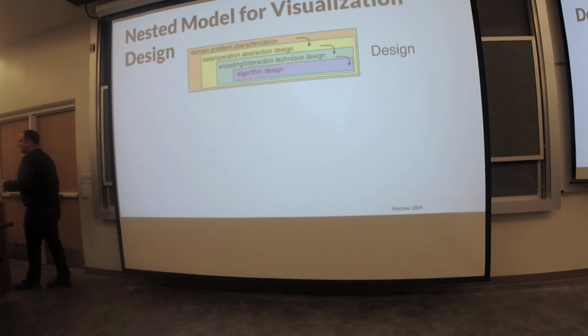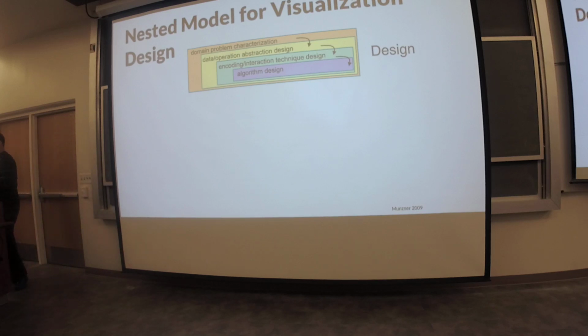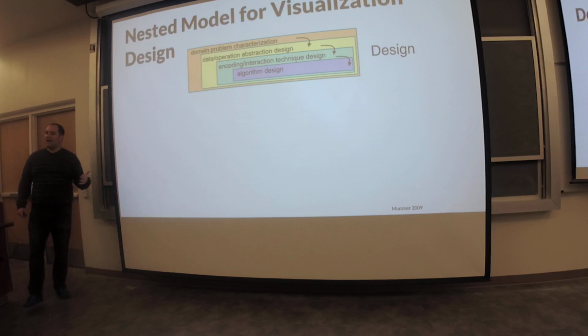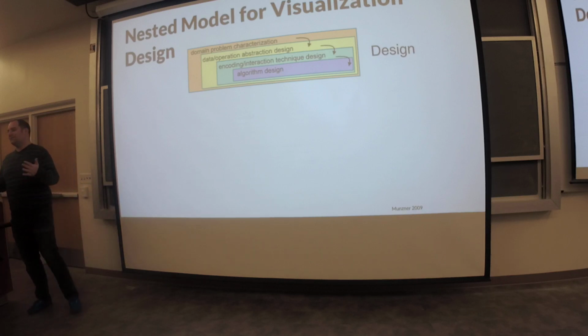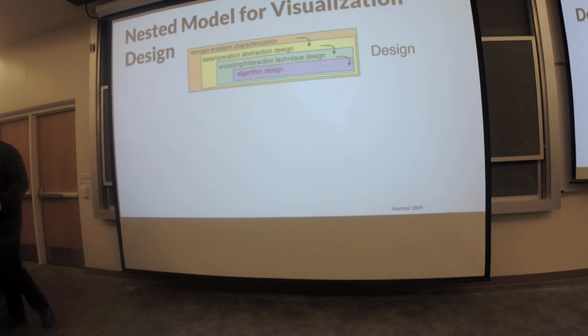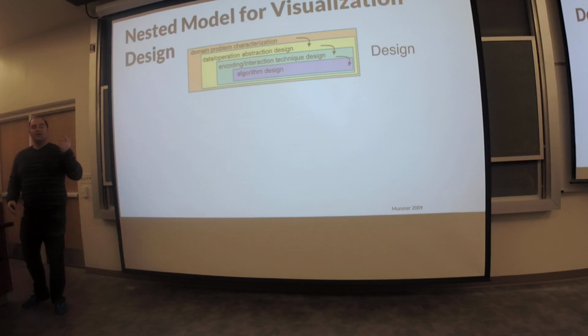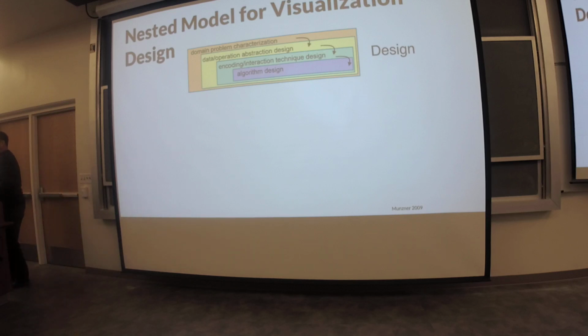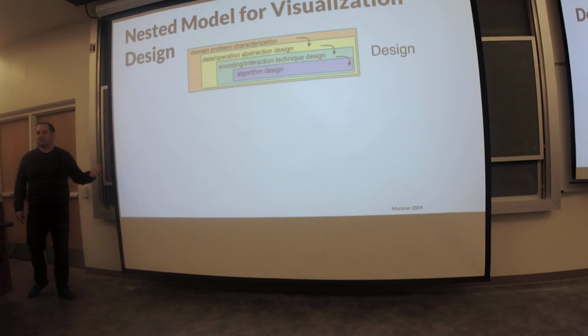Then after you've had this data operation abstraction design step, as somebody who has gone through this class, you know, okay, Alex told me if I have tabular data, these are my 17 options to visualize tabular data. And now you can pick your appropriate encoding or interaction technique. And then finally, you have to write the code and the algorithm that creates your visualization technique.